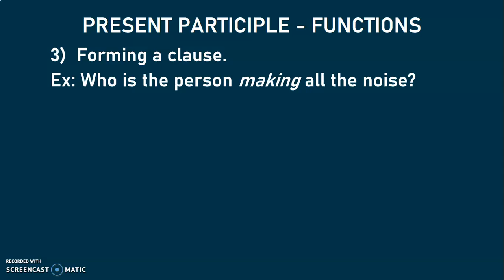When you add who makes, it will become two clauses. To avoid that and make it into one clause, you can use the present participle making. Then we are getting only one clause. This is the third function of present participle.